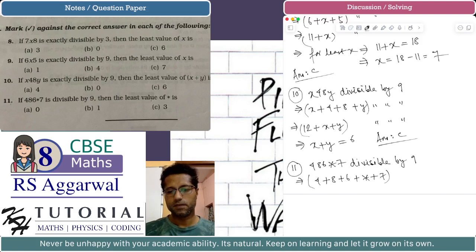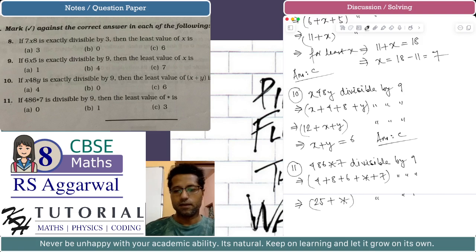So this implies that 4 plus 8 plus 6 is 18 and plus 7 is 25. 25 plus star is divisible by 9. We have to find the least value of star.